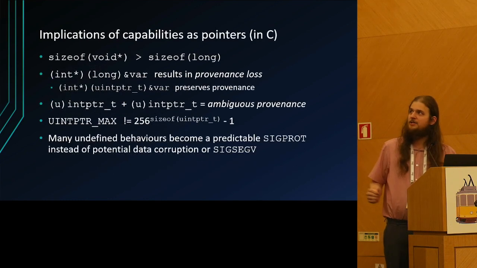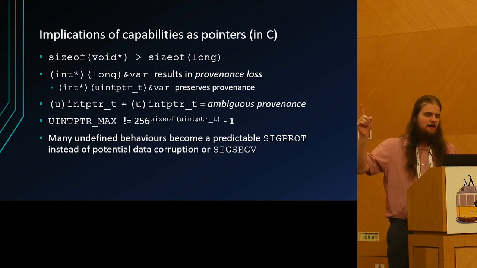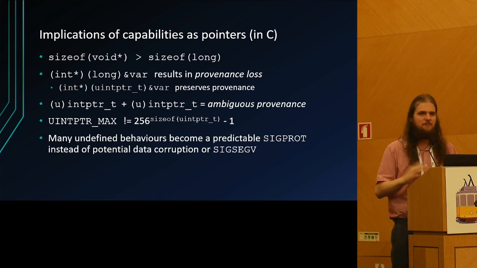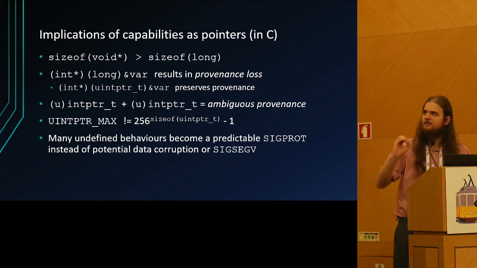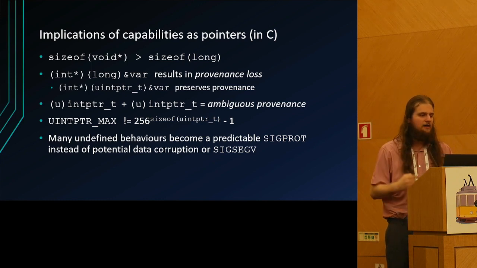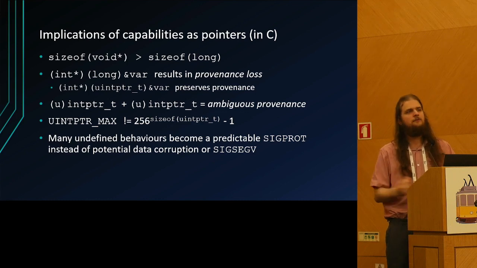Some implications. Our pointers are now larger than our integer word types, which is something that a lot of C programmers would not expect in most cases. You also can't just cast a pointer through a long. If you do, it will result in provenance loss. So the capability tag and metadata will be discarded.